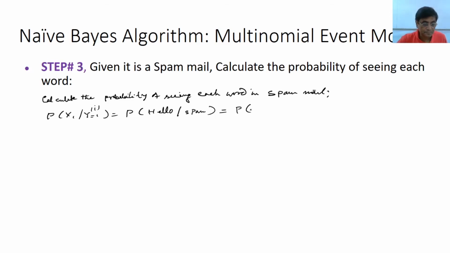So 5 divided by 20 equals 0.5. So please do with me so that if I make any mistake, you can correct me.